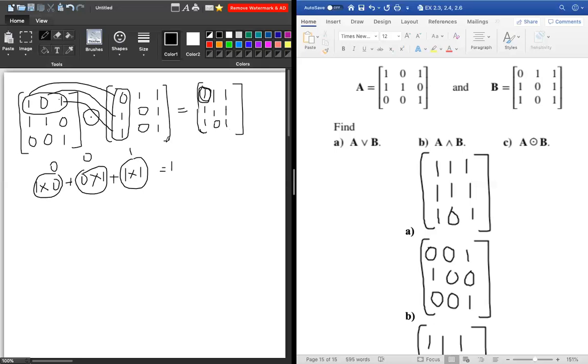But in the first row, third column, aren't you supposed to have two? Sorry, which one? First row, third column.